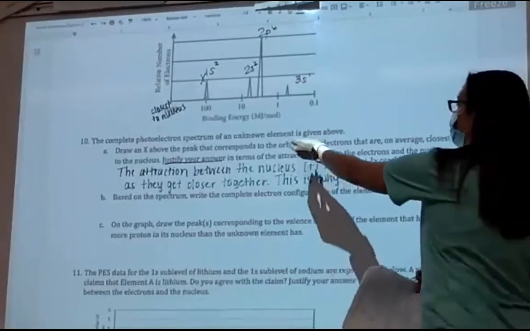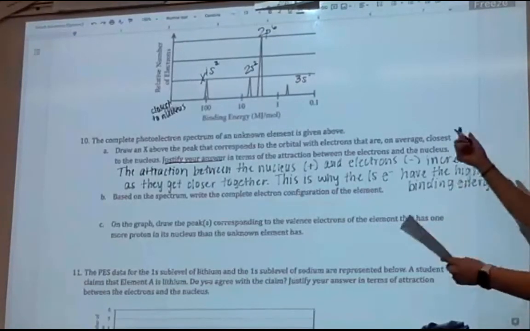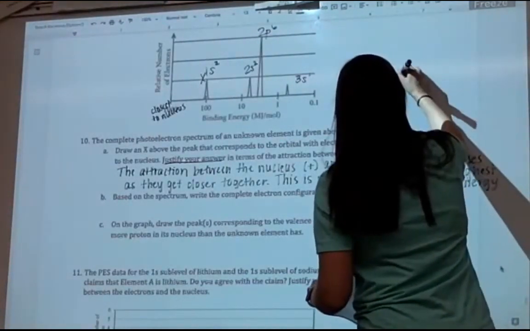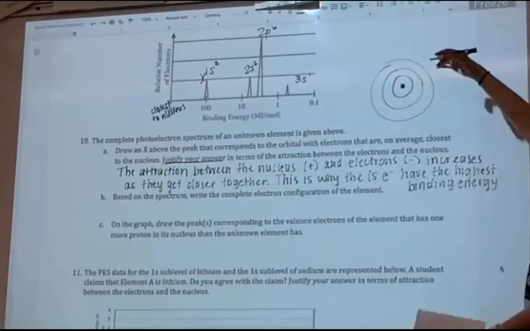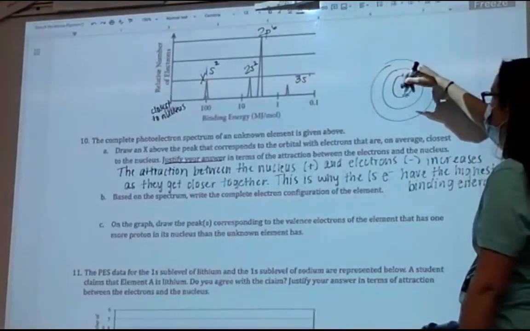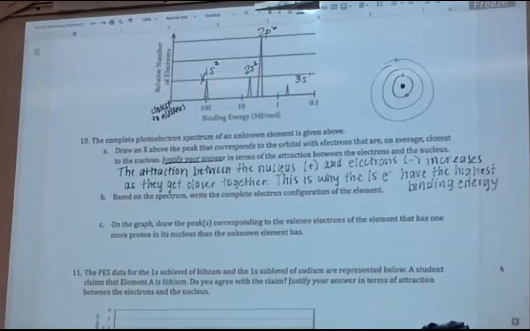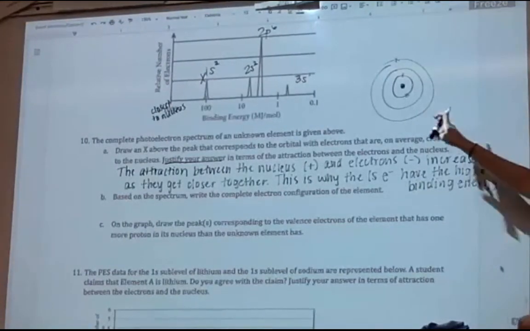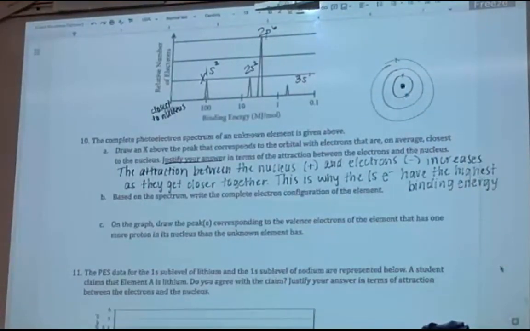We're talking about the protons in the nucleus and the electrons. So the 1s electrons have the highest binding energy because the 1s electrons, if we think about the Bohr model of the atom, even though it's not correct, so we know now this isn't the best model, the 1s electrons are here. They're much closer than, say, the 3s electrons. So since they're much closer, there's going to be more attraction between the protons in the nucleus and these electrons. So the nucleus is holding on to these electrons a lot more.